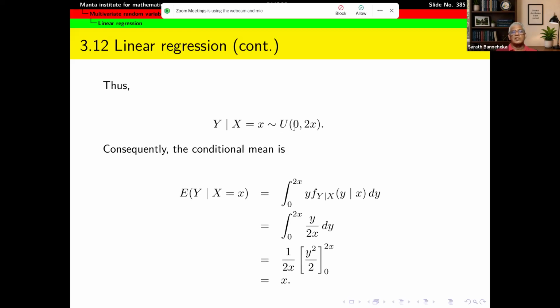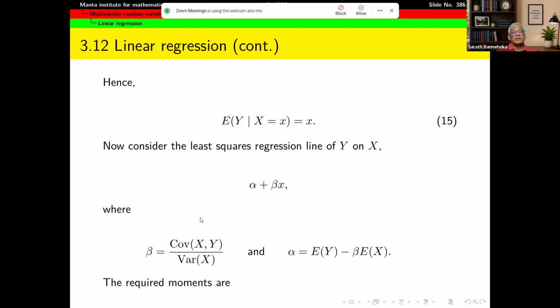So similarly here the mean should be 0 plus 2x divided by 2, that is x. So that is the expected value of y given x. You can see that it's a linear function of x itself.